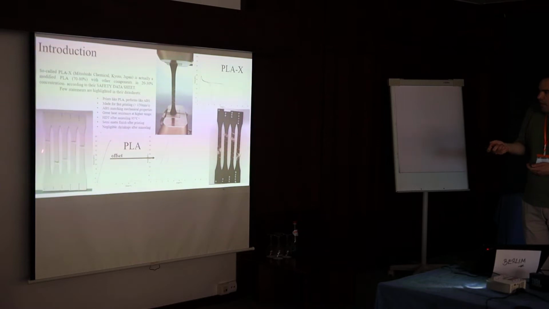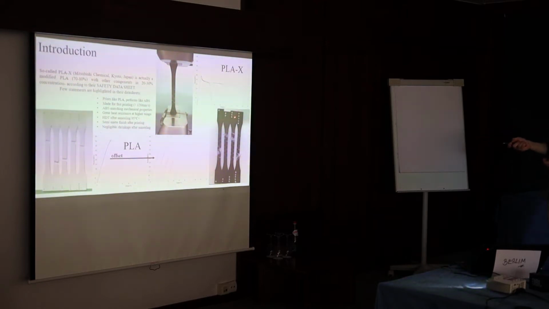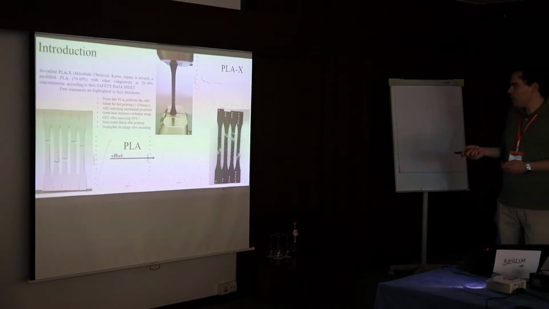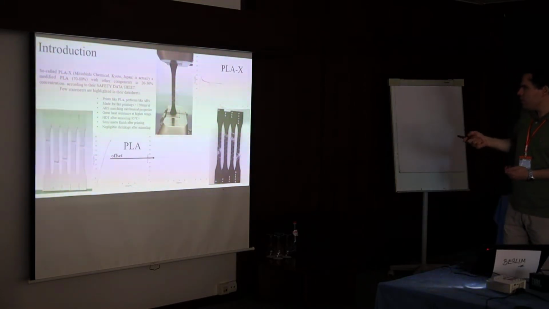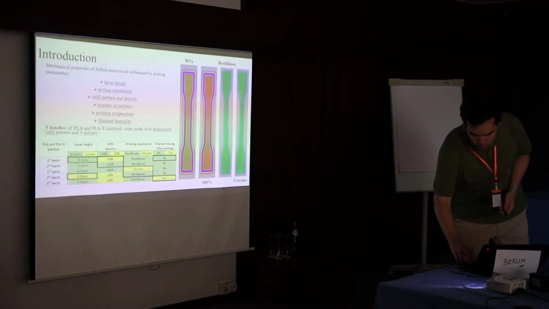This is how fractured specimens of PLA look. They fractured in a brittle manner, though PLAX had a stress whitening region, so-called crazing. That's why it has greater plastic deformation.